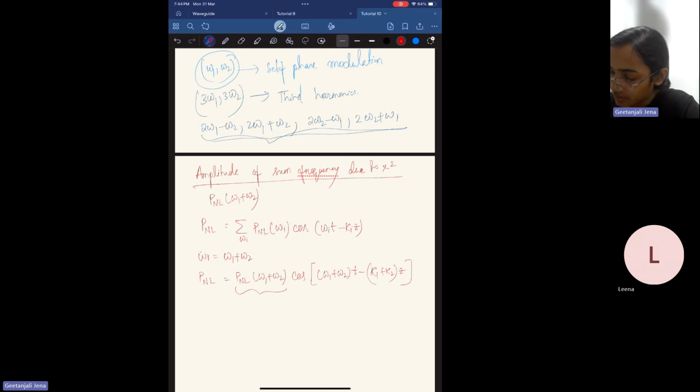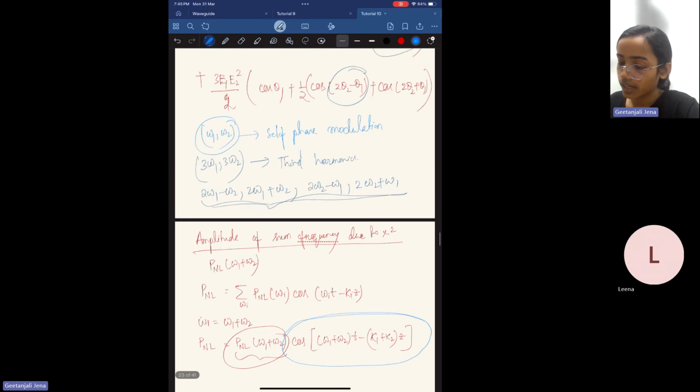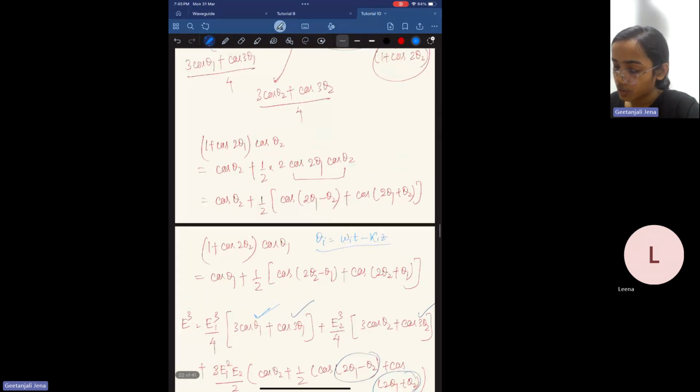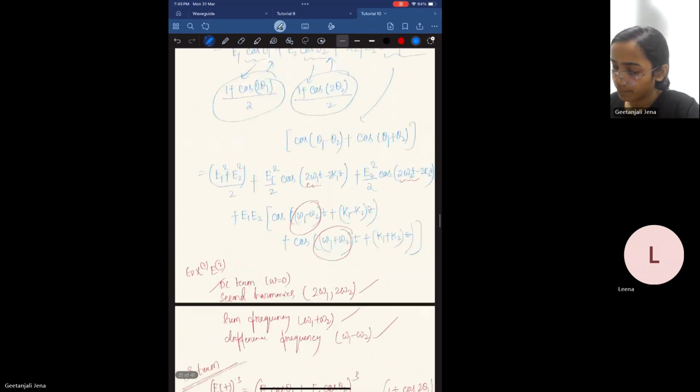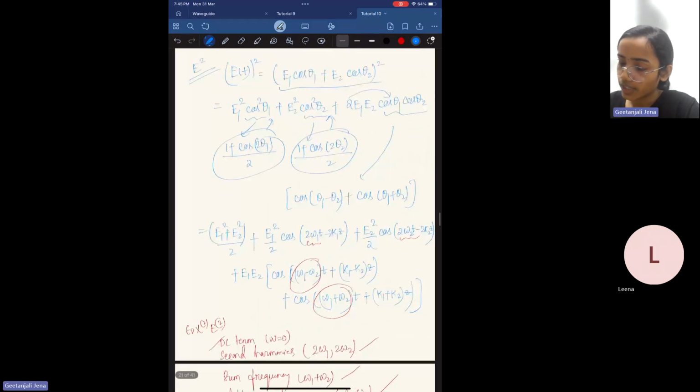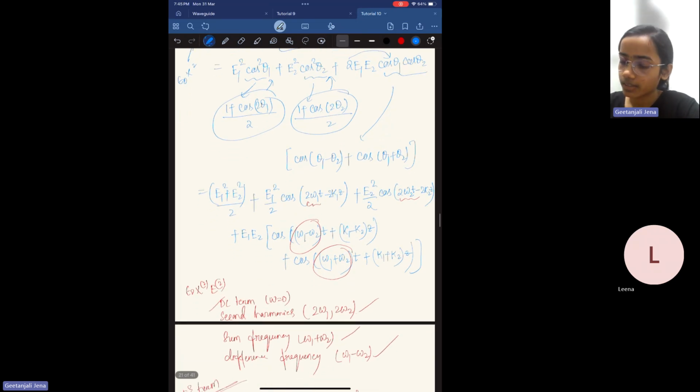So the amplitude is here. We need to find out the coefficient of cos omega 1 plus omega 2 t minus k1 plus k2 z in the chi 2 term. Chi 2 we have already calculated, right? Here, E square is calculated. If you multiply with epsilon naught chi 2, we'll get the polarization. So all the terms will be multiplied by this.